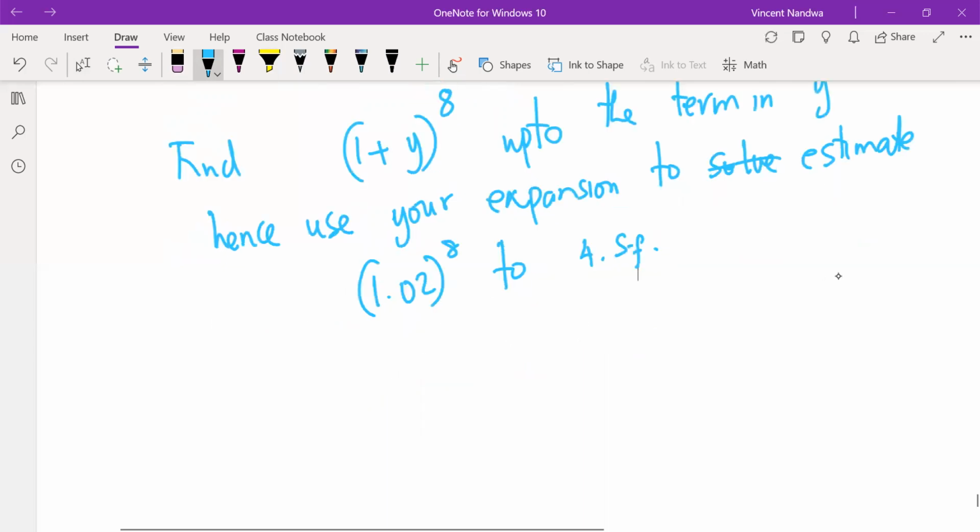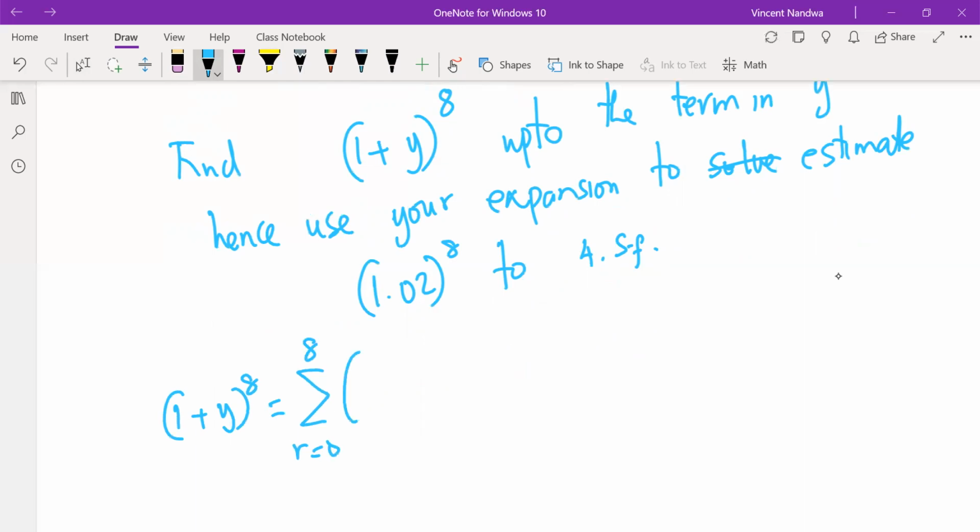So (1 + y)^8 is the summation for r from 0 to 8 of 8 combination r, 1^(8−r), y^r.